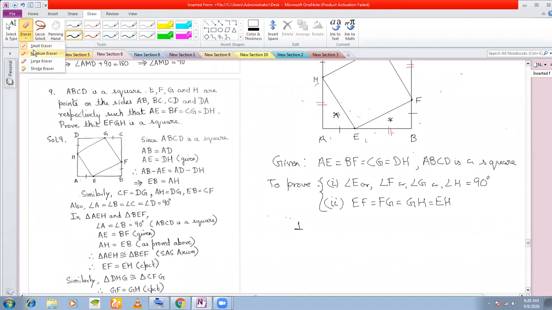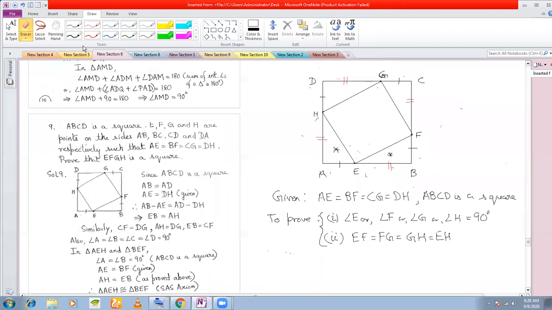No, first I'll show that the red sides are equal. First, I'll say AB is equal to BC is equal to CD is equal to AD. Why? Because they are sides of a square. Also, the sides that are given to be equal are AE, BF, CG and DH.